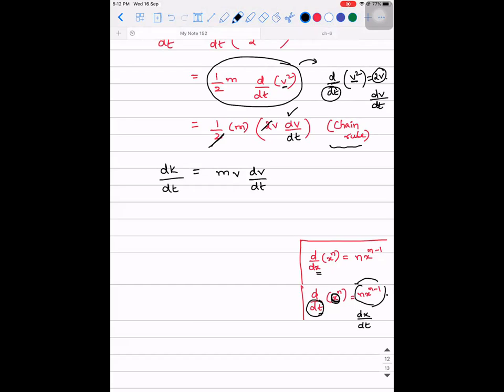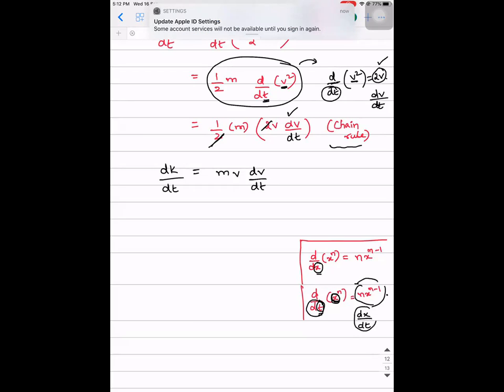If you are differentiating v with respect to v, then you will write it as 2v and leave. If you are differentiating v square with respect to any other variable other than v, then you need to follow this chain rule. That is why I took the example here. When you took the first example, it is d by dx. When you took the second example, it is d by dt. When you do d by dt, you need to write dx by dt.